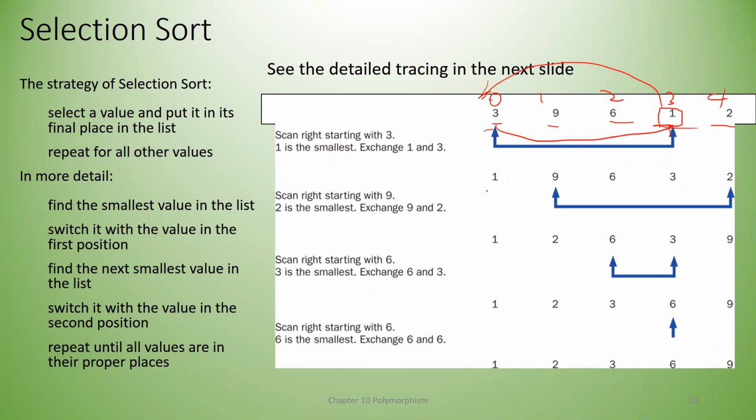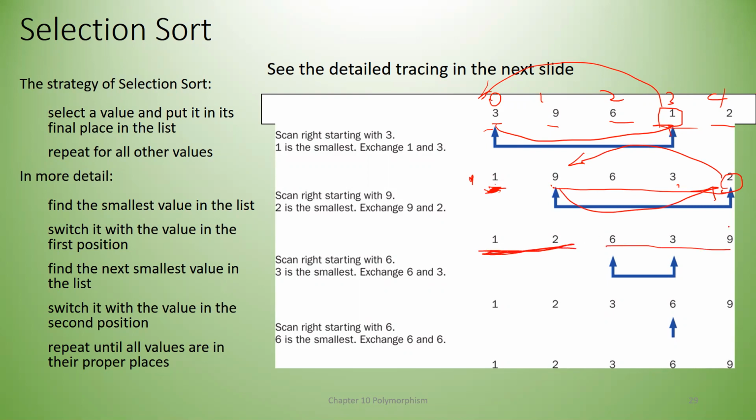Now we have this list. 1 comes here, 3 comes here. Then we go to the rest of the list, because this is done. It's in its final place. We look at this list, find the smallest one and swap, place it here. That results in this one. This is the sorted list.